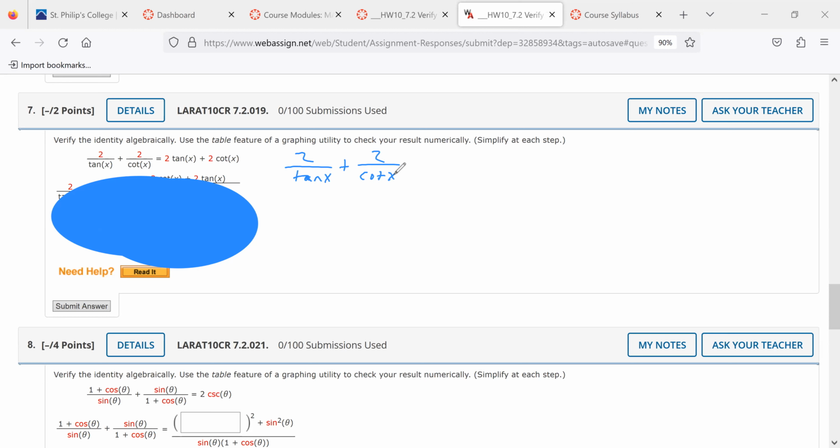You're talking about do the LCD to add them? We can't multiply both sides because we only have one side to work with. We can only multiply top and bottom of one fraction or top and bottom of the other. That's all we can do.